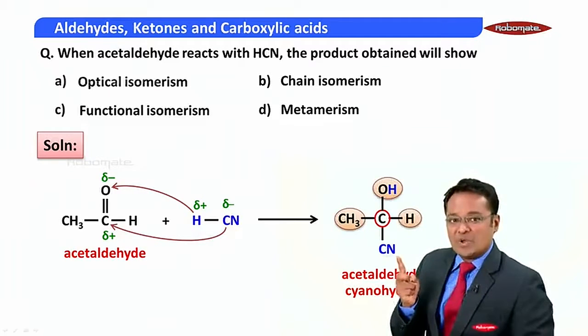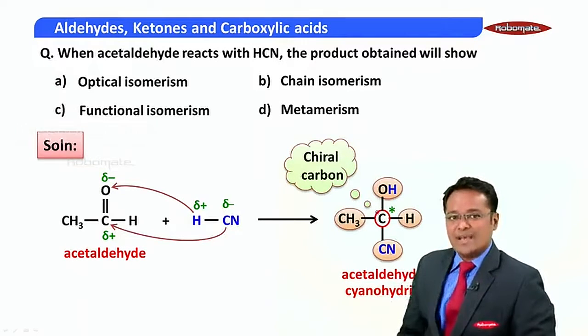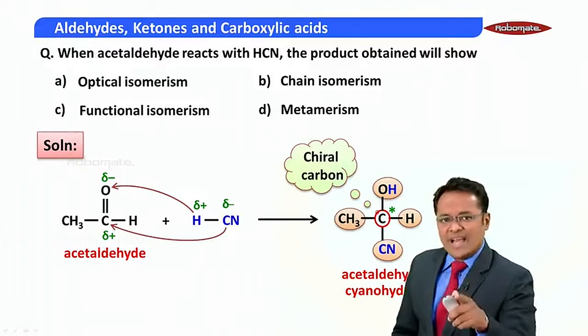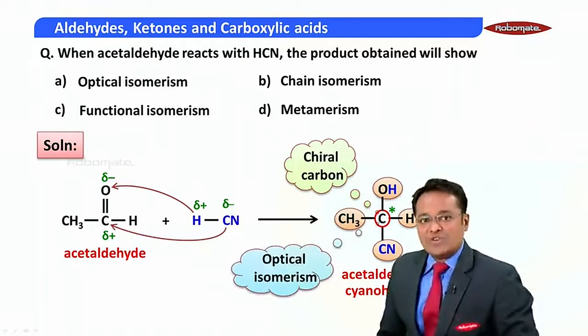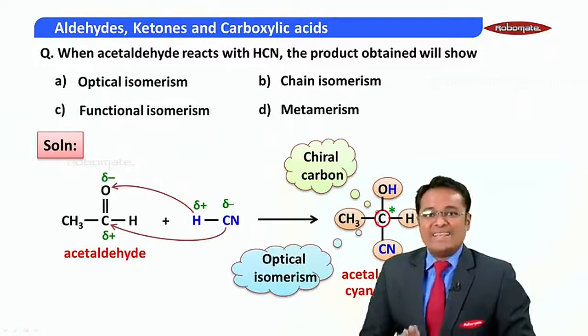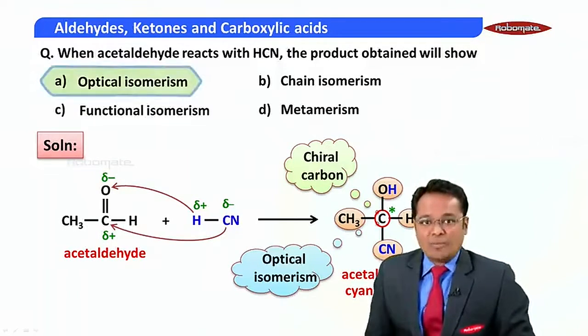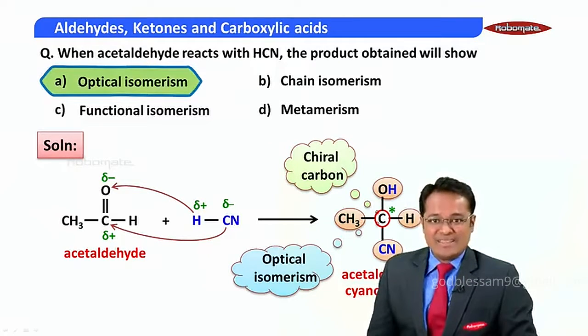It is attached to 4 different groups. Can I call this carbon a chiral carbon? Yes. So any carbon which is chiral, present in the compound, would show optical isomerism. Hence, in our 4 options, the answer is very clear. The answer is A, which is optical isomerism. Students, is it not easy? Thank you very much.